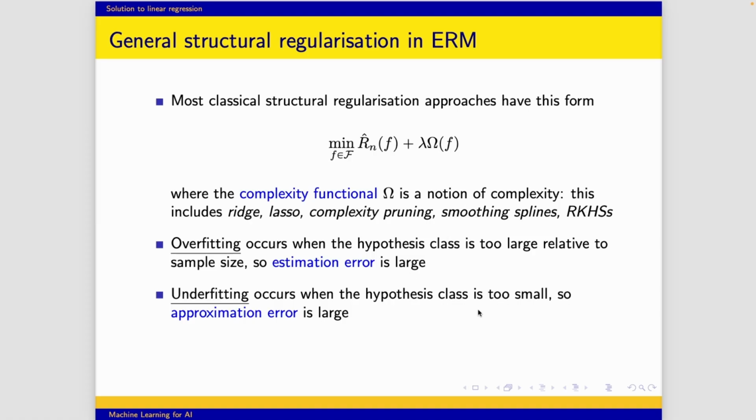The functions are too simple to capture the true relationship. So in this case, our model bias or approximation error, I'm using these synonymously, but that's not quite true. But for here, I will use them as synonyms. Our approximation error or bias is large. So overfitting, estimation error or model variance is big. Underfitting, the model bias or approximation error is large.